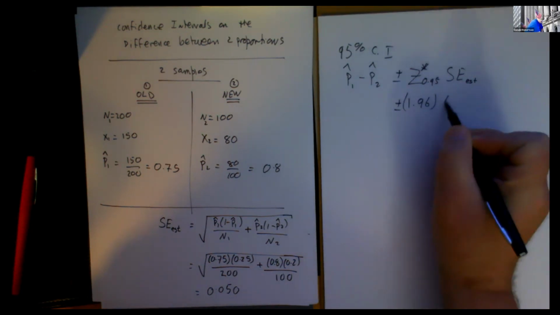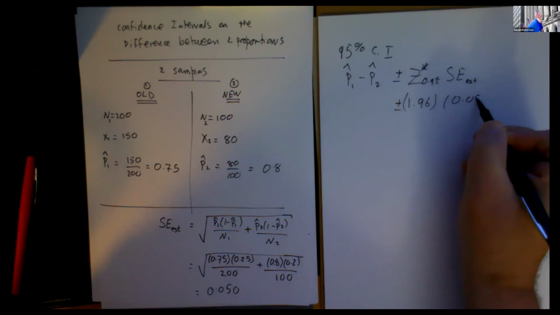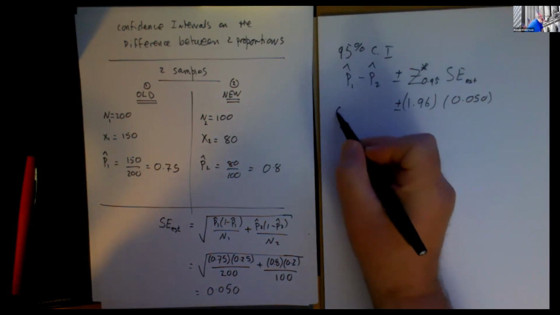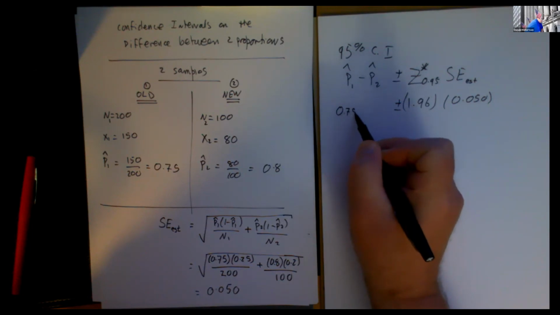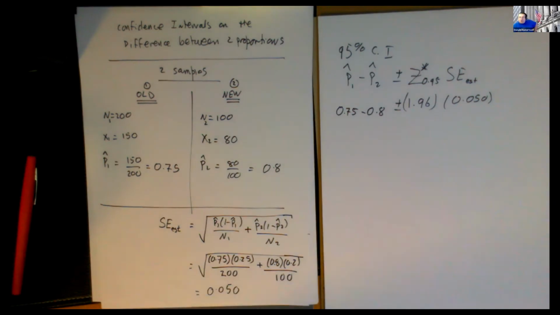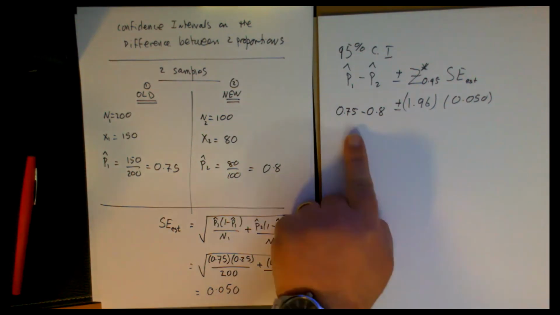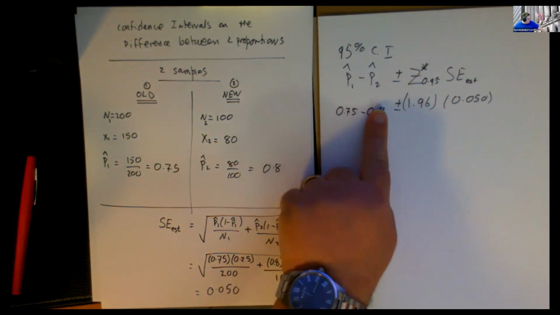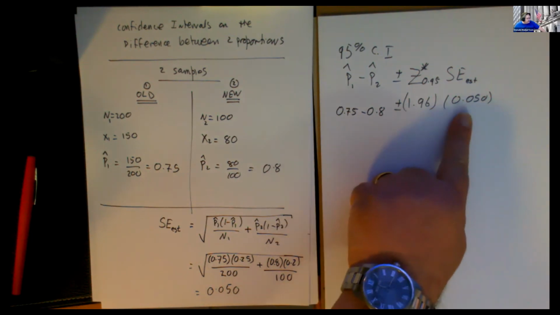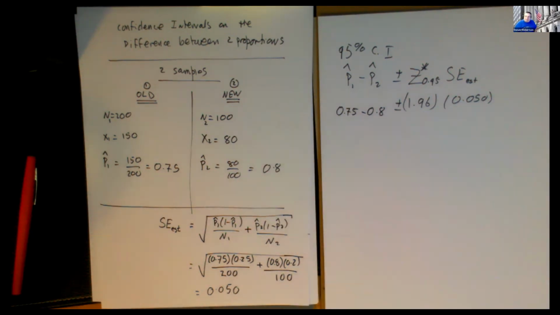The standard error is 0.050. P1 hat was 0.75 and P2 hat was 0.8. Are you all happy about where all those various bits and pieces are coming from? Yes. You all happy where that, take away that, that's P1 take away P2, the magic number for 95% and the standard error estimate that we calculated a few moments ago.